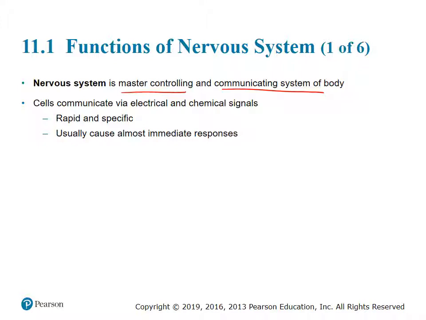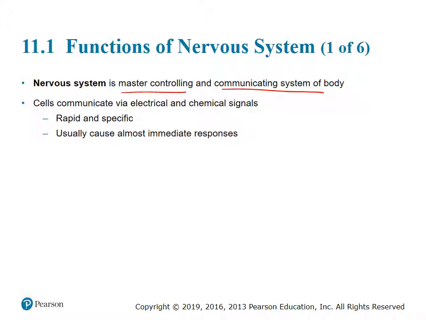It regulates everything throughout all 11 body systems. We do this through communication: a stimulus, a receiving of that stimulus, processing by the nervous system, and then an effect or response to what is stimulating it.